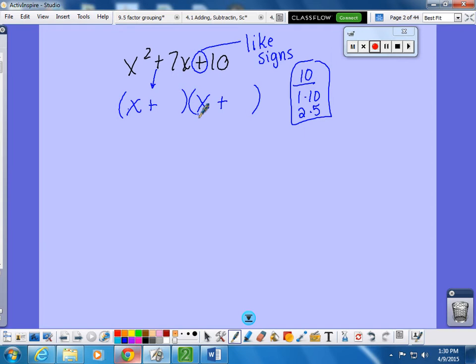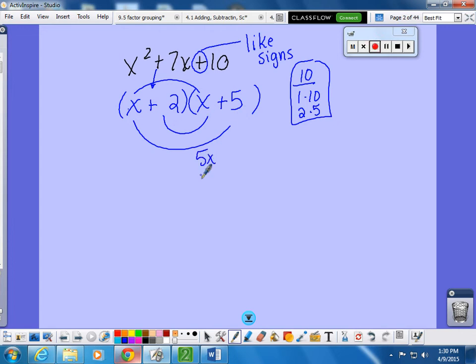Now I need to use factors of 10 that when I FOIL with outer and inner, I would add, because I have like signs, I would add to give me this middle. So would it be 1 and 10 or 2 and 5? Which of these would I add to get 7 but multiply to get 10? 2 and 5. Let me show you what I mean. Of course, if I do first, that's x squared. If I do outer, it's 5x.